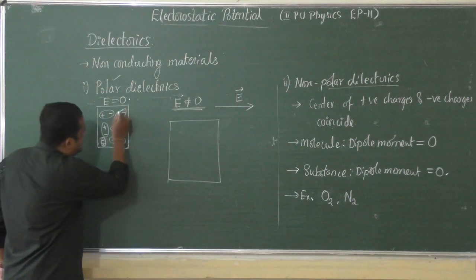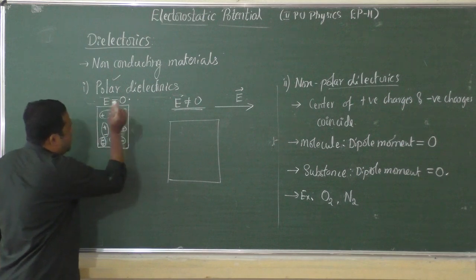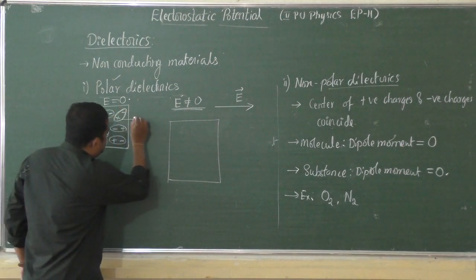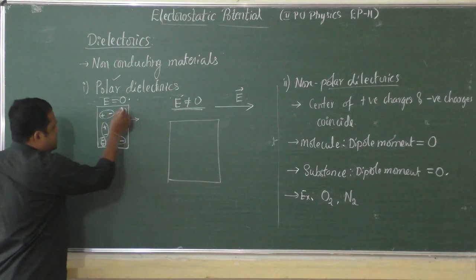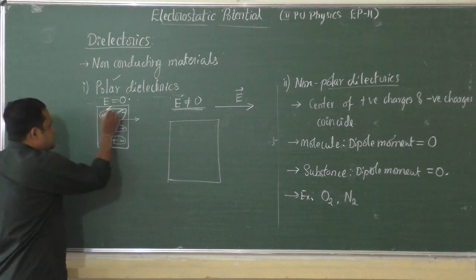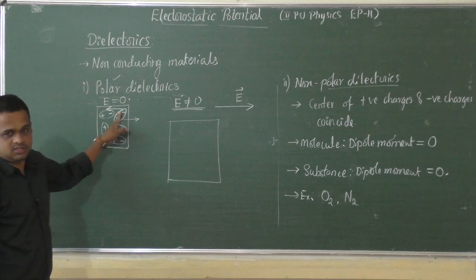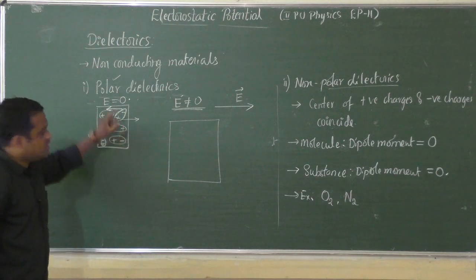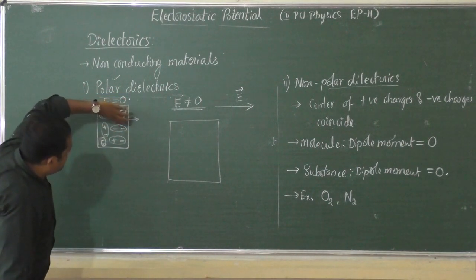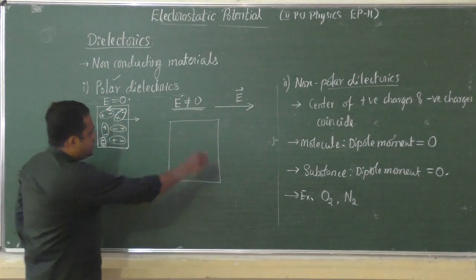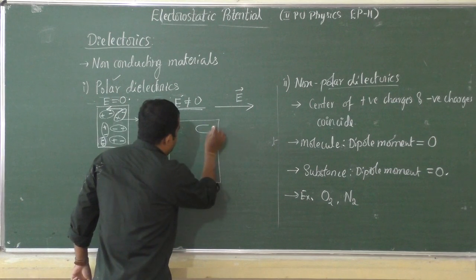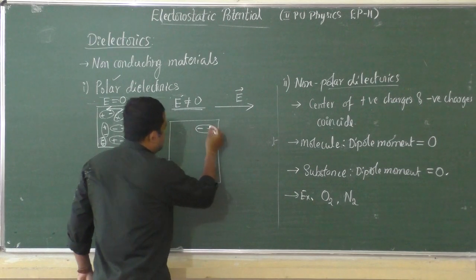Now if you consider this particular molecular dipole, the positive charge experiences a force like this, in the same direction as the electric field, and the negative charge experiences a force like this. What is the result of these forces? These two forces will rotate the dipole, so that the new position of that dipole will be like this, minus plus.